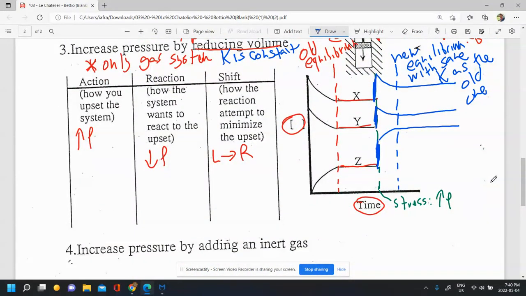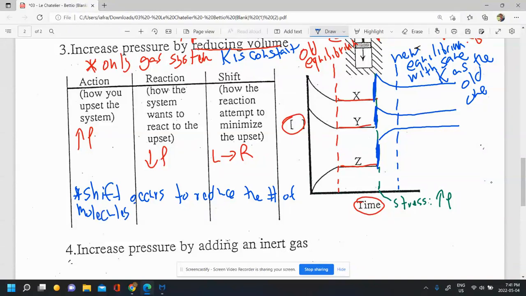So what is a generalization that we typically see here? When it comes to the change in pressure by the effect of volume, we find that the shift occurs to reduce the number of molecules, if the pressure went up, because you want to reduce the number of molecules to lower pressure.